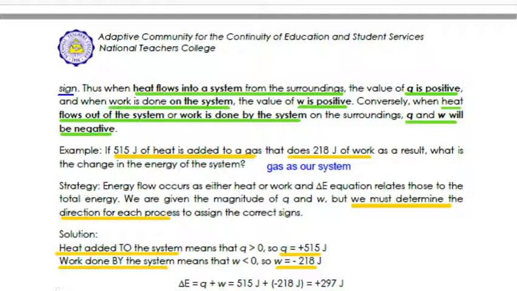It may seem a simple numerical computation, but please consider the signs of Q and W carefully. Always double check.